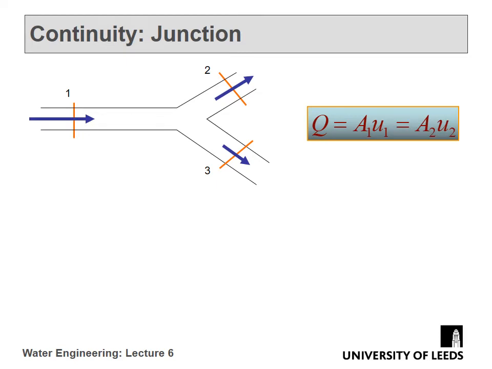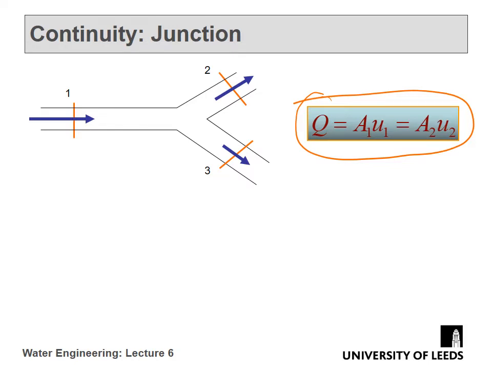Right, continuity equation. Well, we've seen this: flow equals area times velocity, and area times velocity at one point is equal to area times velocity at another point in the system.